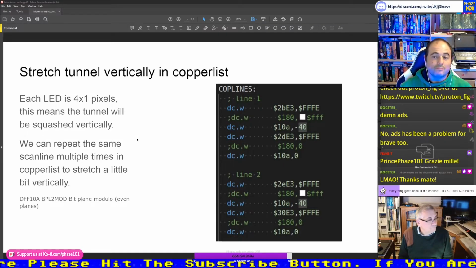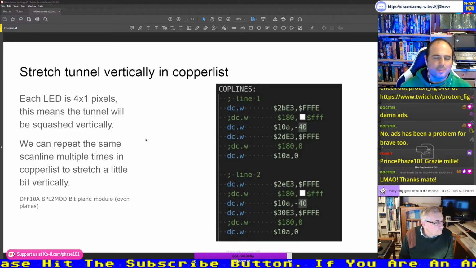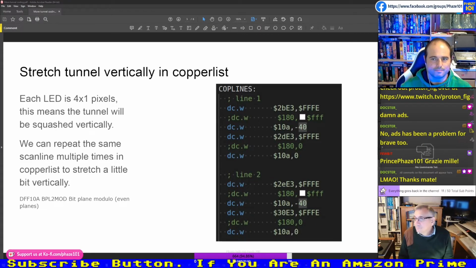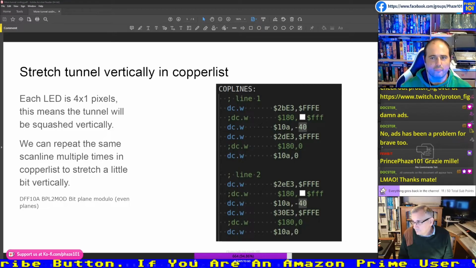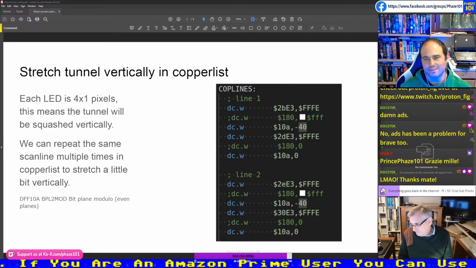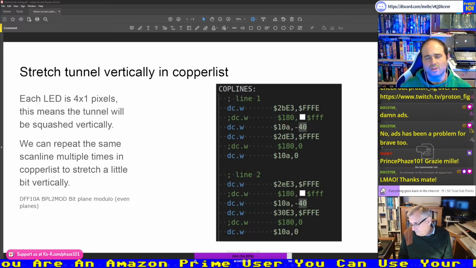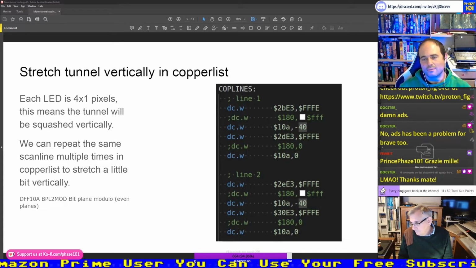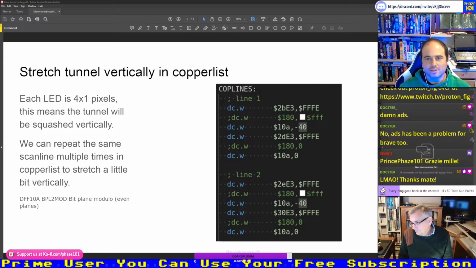And there is this possibility with literally nothing to pay in terms of performance, or just a few DMA cycles, because the copper, while it's waiting, it's not really taking DMA cycles.